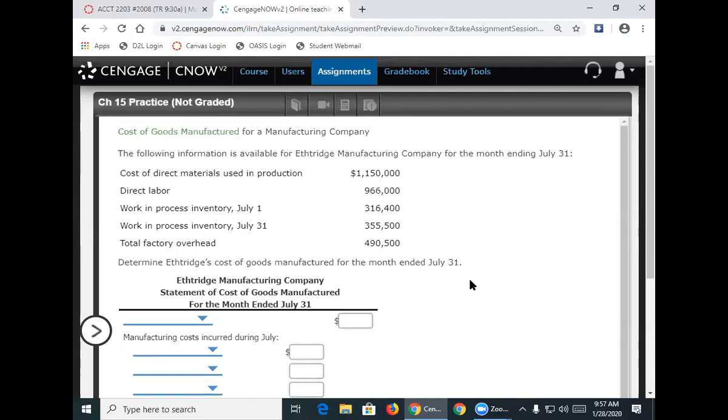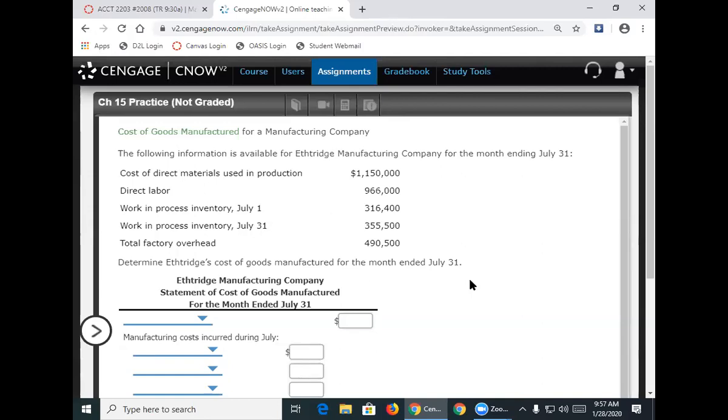Direct labor, good. Factory overhead, good. And direct materials. Yeah, cost of direct materials. So remember, when we're dealing with work in process, all the costs that flow into work in process are product costs. Direct materials, direct labor, and factory overhead.